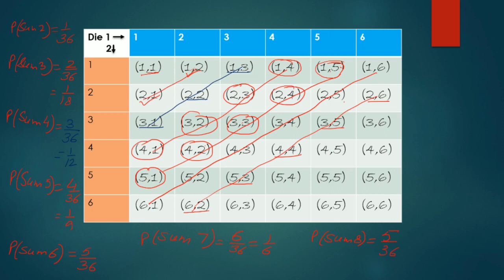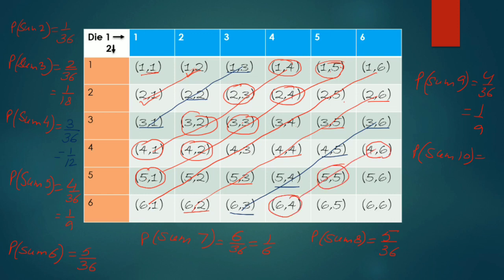Now sum as 9. 3 plus 6 is 9, 4 plus 5 is 9, 5 plus 4 is 9 and 6 plus 3 is 9. So we have 4 favorable outcomes. So the probability of getting sum as 9 is 4 by 36, which equals 1 by 9. Now the probability of sum as 10: 4 plus 6, 5 plus 5, 6 plus 4.